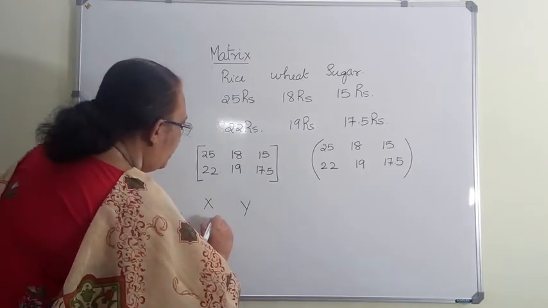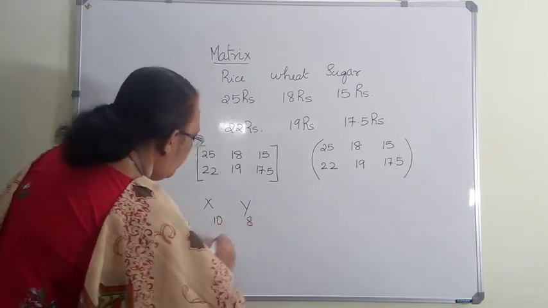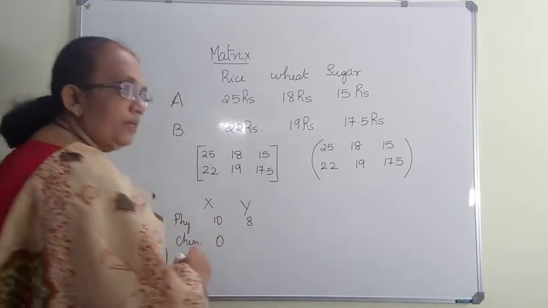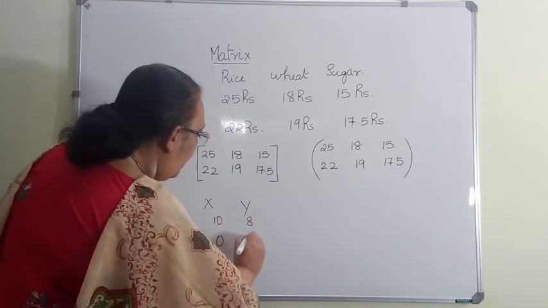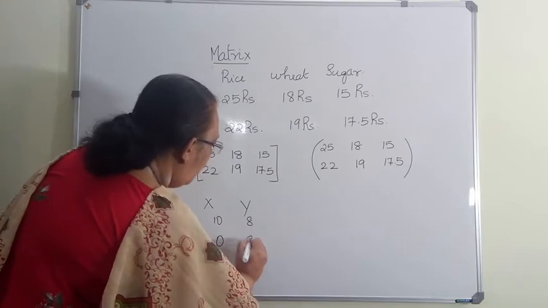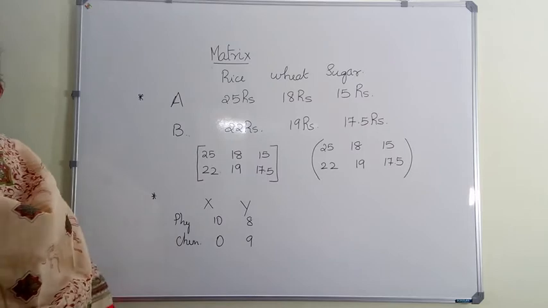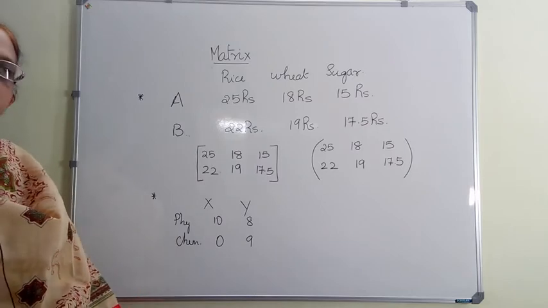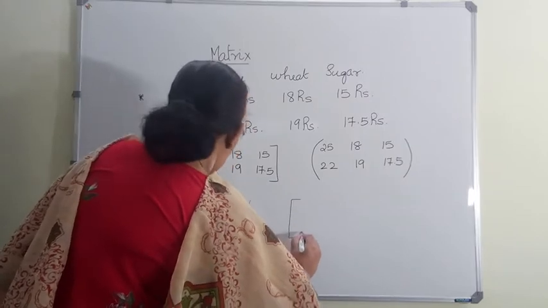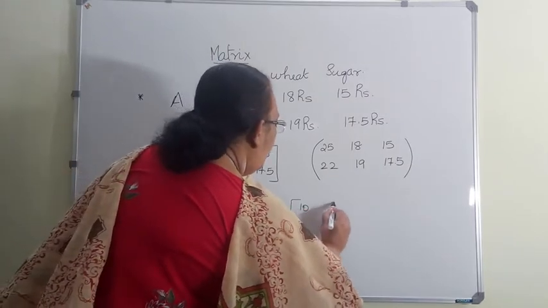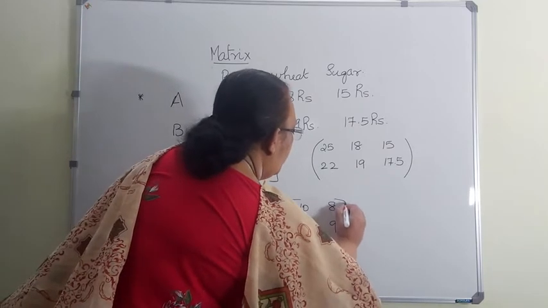X gets 10 in physics and 8 in chemistry, and Y gets 0 in physics and 9 out of 10 in chemistry. This is also information regarding the marks of two students, which can be written in a tabular form as 10, 8, 0, 9.